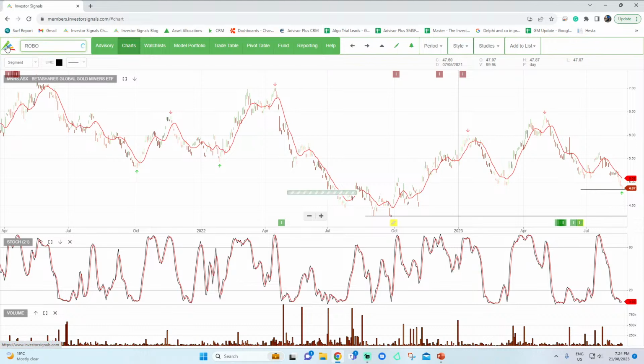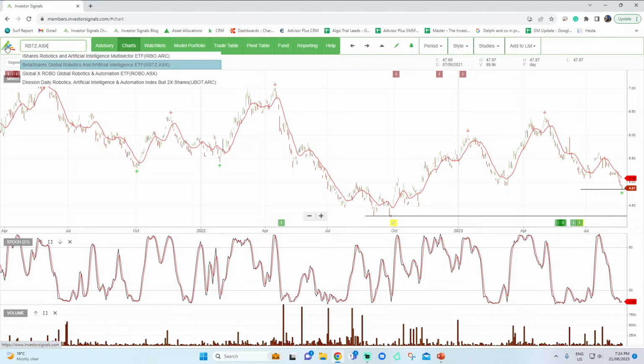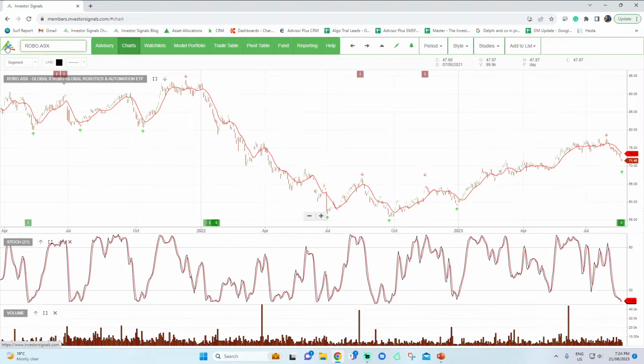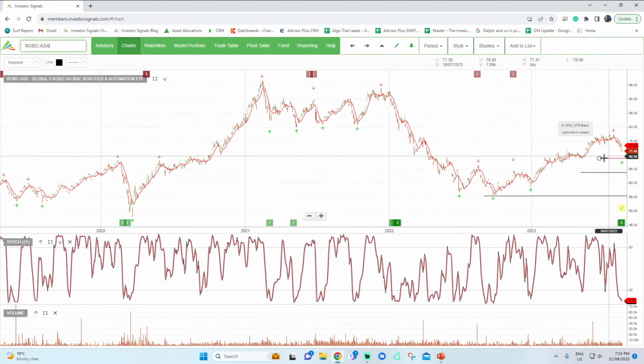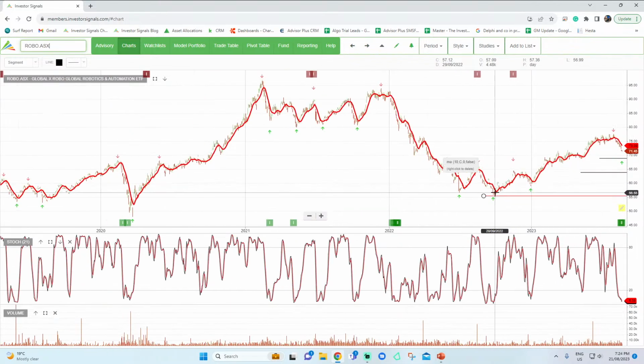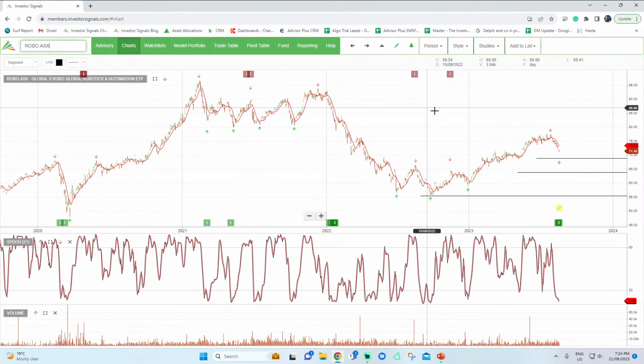A couple of tech exposure plays here. On the ASX, it's ROBO, which is the Global X Robotics and Automation ETF. So the support down here at around $70, and you want to start accumulating that. Again, I don't think it comes back down and takes out that low. So we know tech stocks are a little bit expensive.